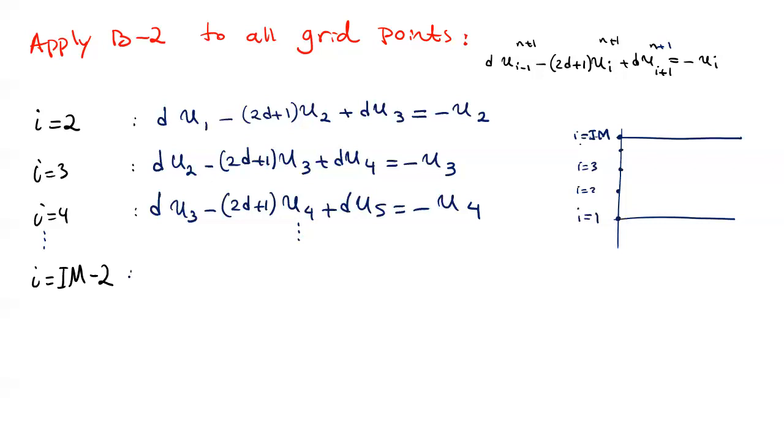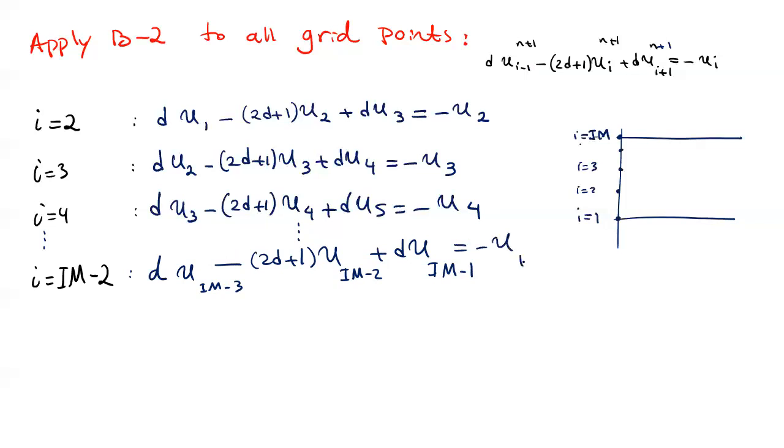So help me with this: D times U at I minus 1, which means U at IM minus 3, minus (2D plus 1) U at IM minus 2, plus D U at I plus 1, which is IM minus 1, equal to minus U at IM minus 2.